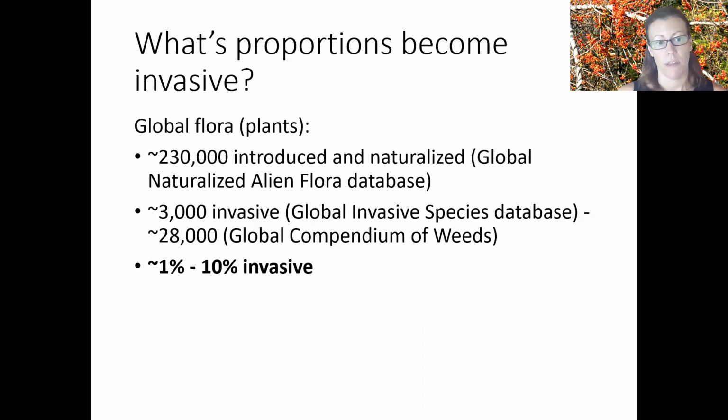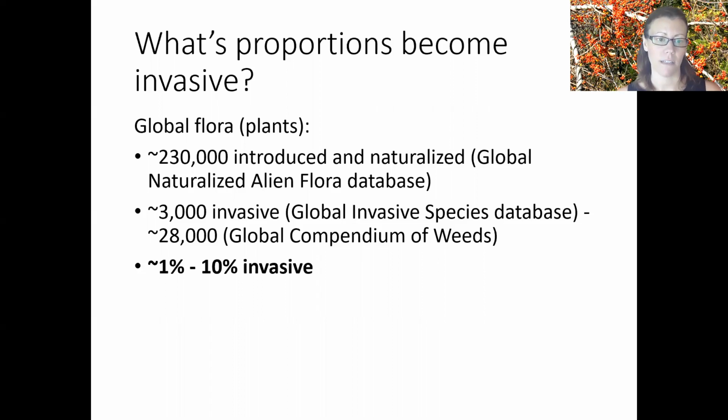Of those 230,000, somewhere between 3,000 and 28,000, I know that's a wide range, but it depends who you ask as to what's weedy, what's invasive, are actually invasive. And so that means somewhere between 1% and 10% of plants likely pass from that introduced and naturalized non-native status into invasive status.